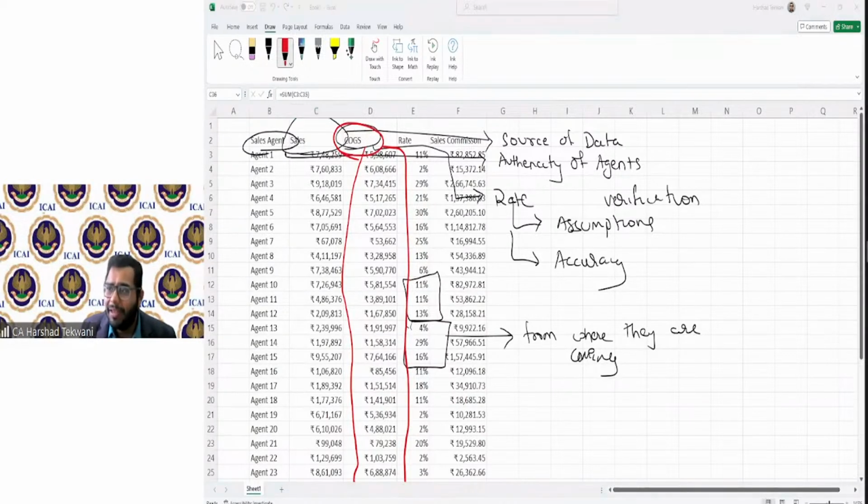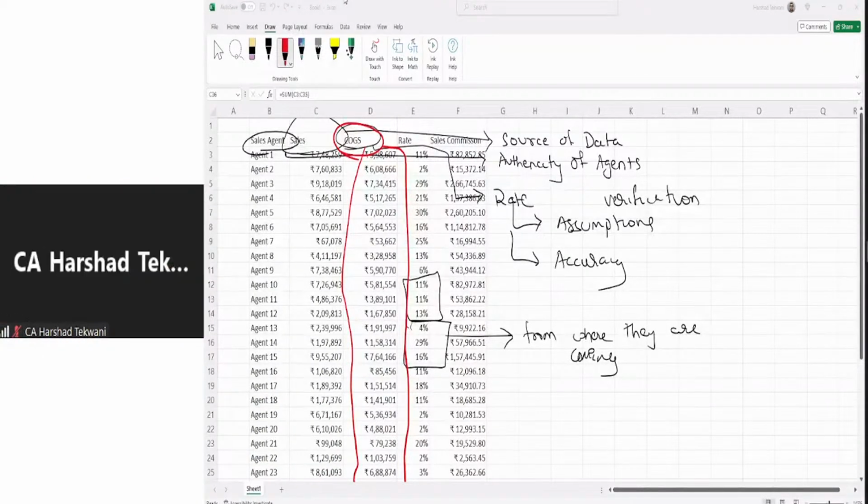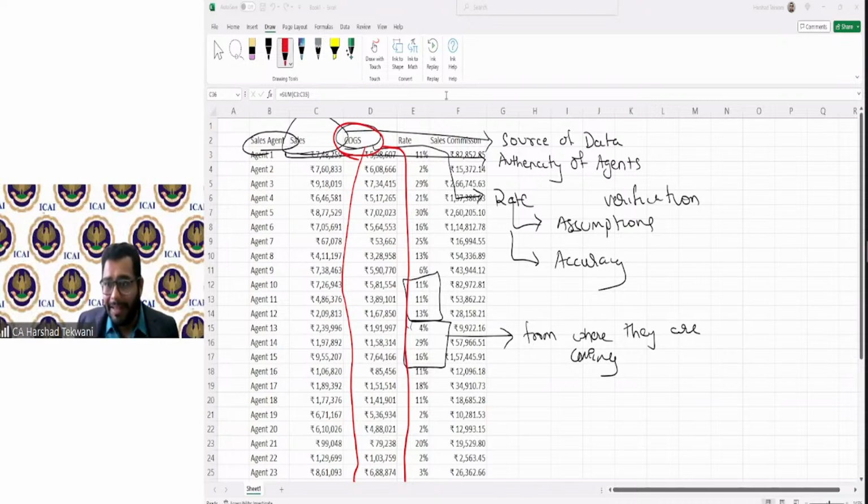Do you guys think that COGS data is relevant for me? Yes or no? Whether the COGS data is relevant for me?